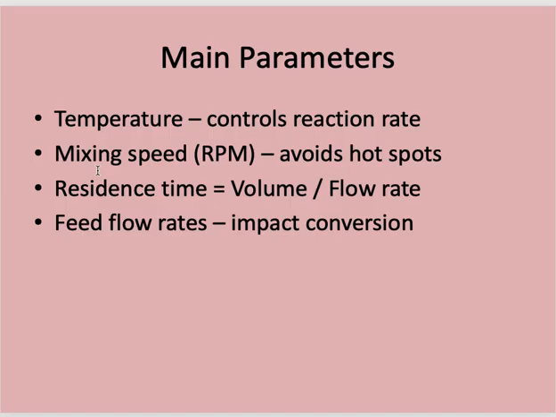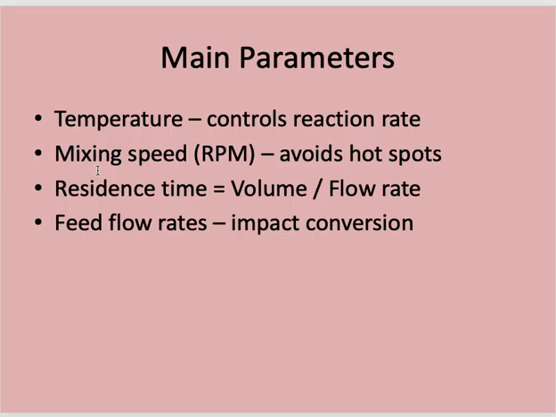Then you go through R2, increase the conversion, maybe 50%, and R3 maybe you reach 75%, and the other may be treated by the recovery system. So this is a cumulative conversion. The mixing speed and agitation speed is one of the most important parameters related to the continuous stirred tank reactor.